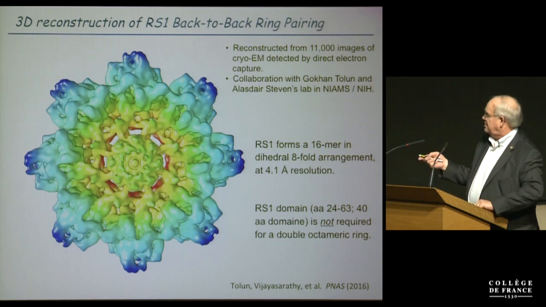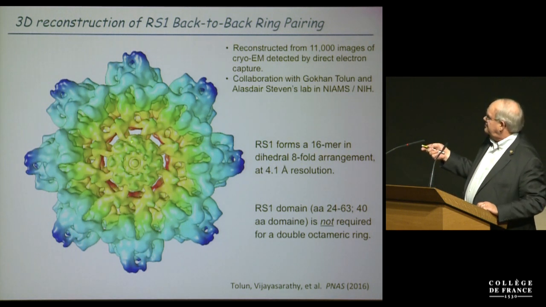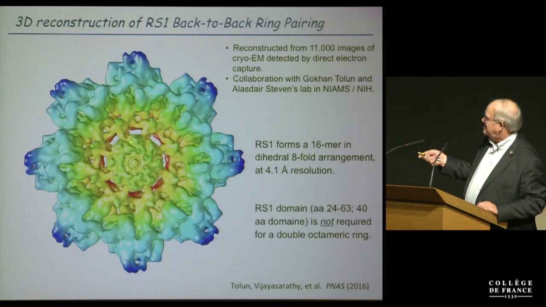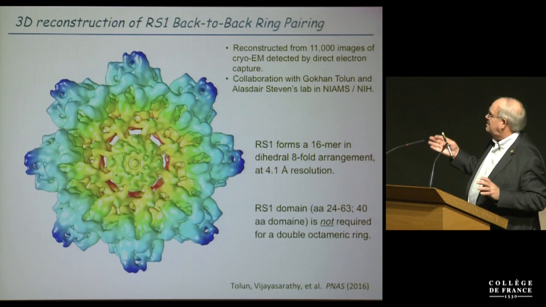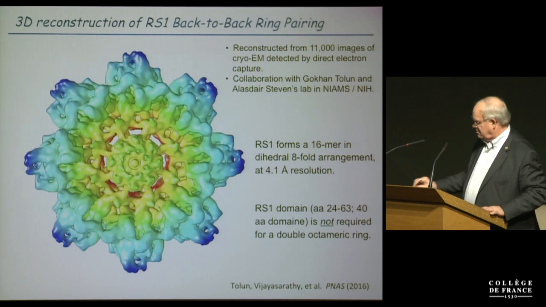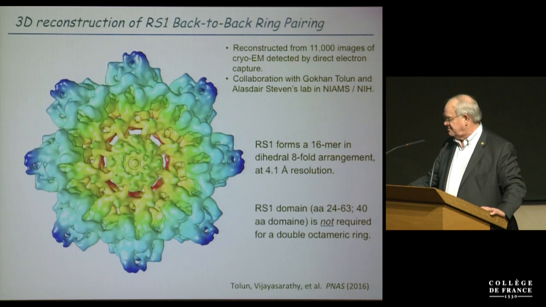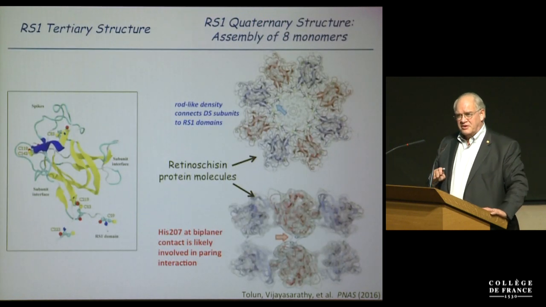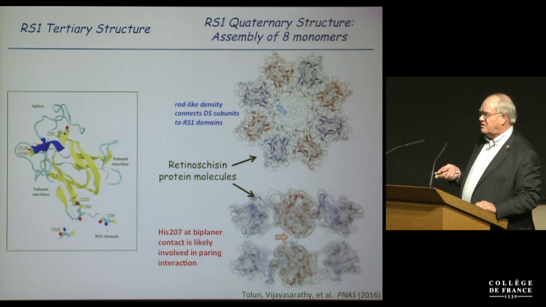There's also something puzzling, and that is that the RS domain, encoded by amino acids 24 to 63, you can remove that domain and the double octameric ring still persists.